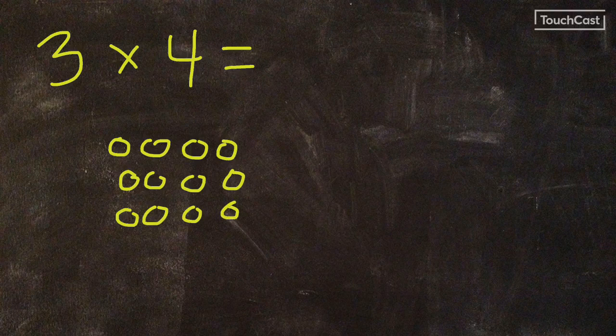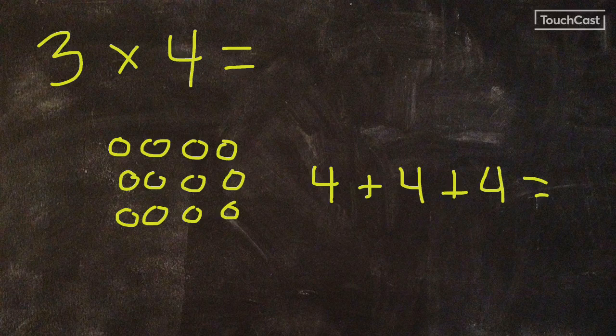I can write an addition sentence. I can write 3 4s and add them up. Both of those will still give you the right answer. You will still get 12 as your answer. But sometimes some tricks are more efficient. So you can try whichever way works best for you to solve numbers times 3.